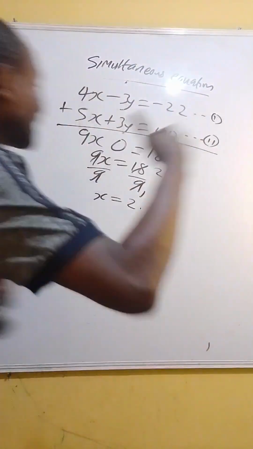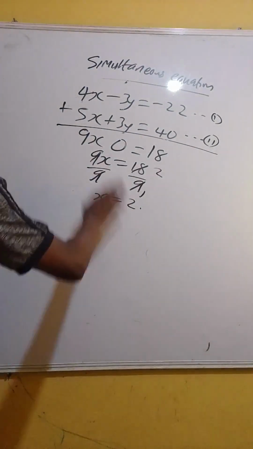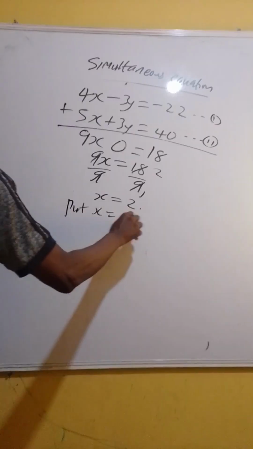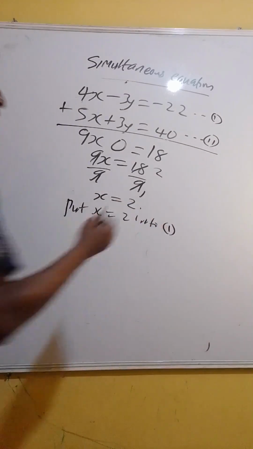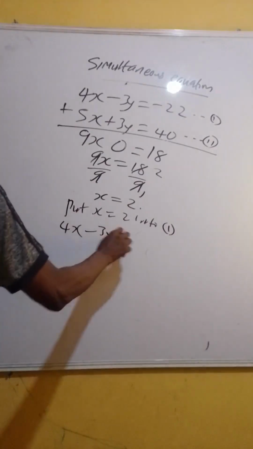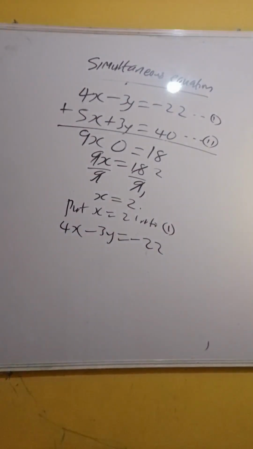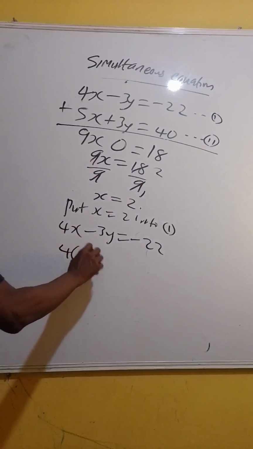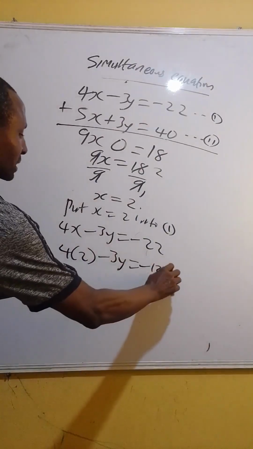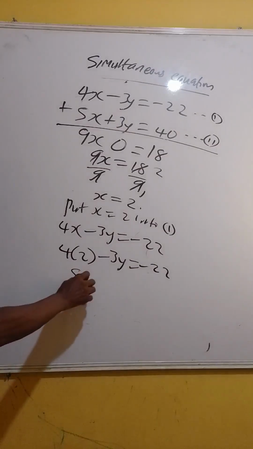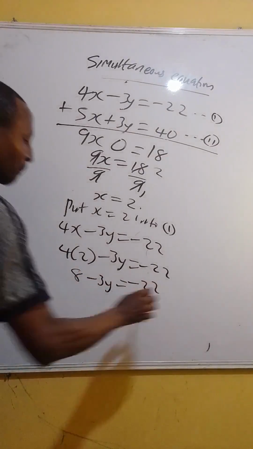Now, when x equals 2, what do we do? Put x equals 2 into any of these equations. Let's take equation 1; you can choose equation 2 and see if you're correct. Equation 1: 4x minus 3y equals minus 22. Anywhere you see x, put 2. So I have 4 bracket 2 minus 3y equals minus 22. 4 times 2 gives 8, minus 3y equals minus 22.